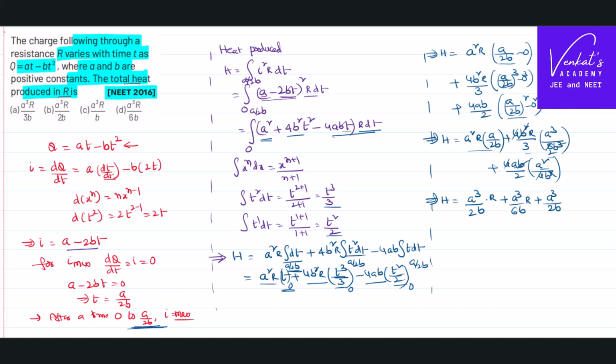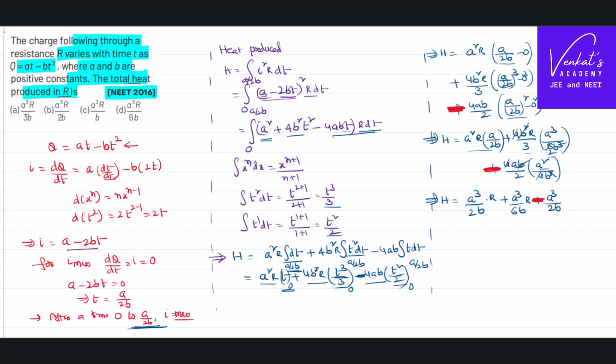But I have forgotten something. This third term is minus, so I have to correct it. As the third term is minus, give me a second, my pen is not responding. Yes, this third term is minus. So let us simplify this and identify our answer.